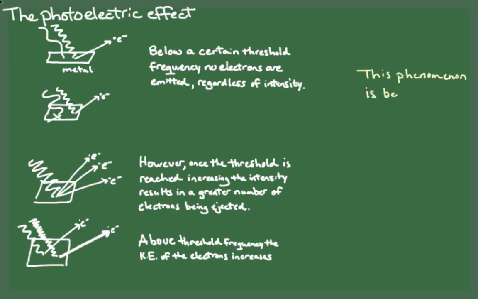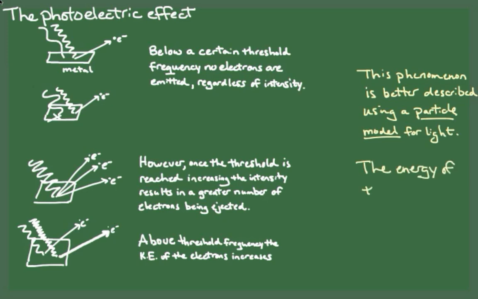This phenomenon is actually better described using a particle model for light. The energy of the light particles, which are called photons, is represented as E equal to Planck's constant times the frequency of the light.